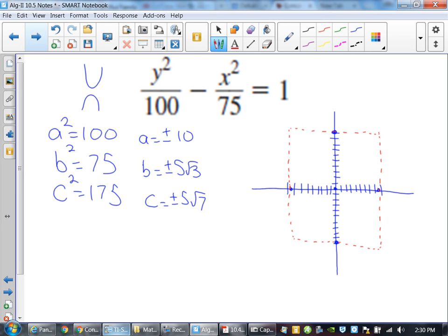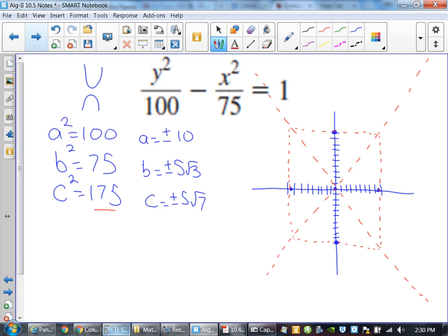I now make my asymptotes. C value, 5 root 7.